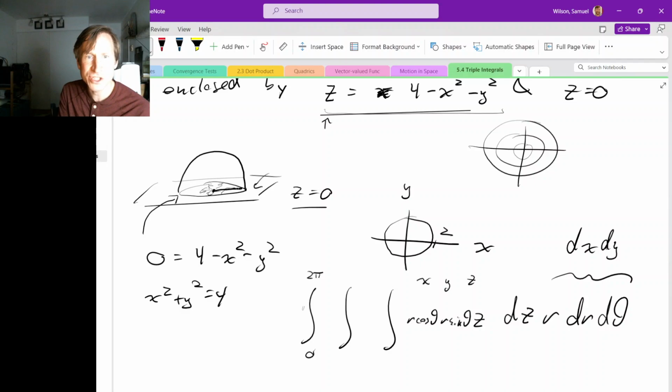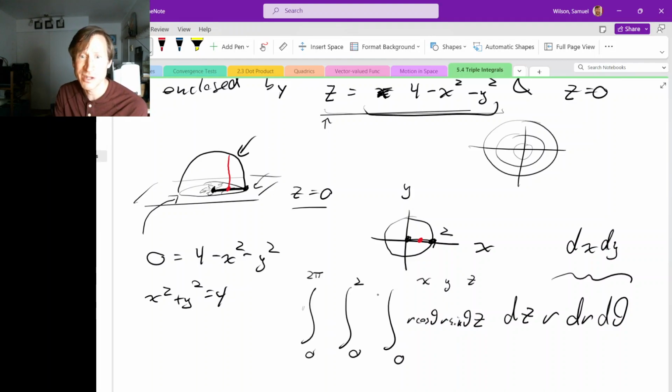Along a single direction, what r values do we need? Well, from the middle out to the edge. So that's from 0 to 2 in the r direction. And then in the z direction, what is the sliver that lives above this one point in the xy plane? Well, the lowest point on the sliver is at height 0, and the highest point on the sliver is on the paraboloid.